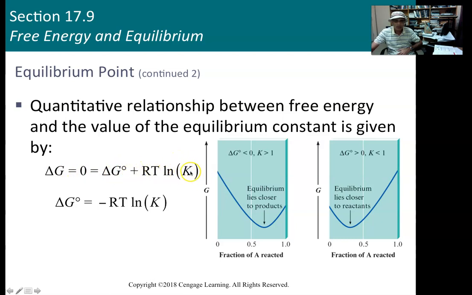Now, because of equilibrium, it is K. You'll come up with a very useful equation, and that is this one here: delta G naught, the standard free energy change, is equal to minus RT natural log of the equilibrium constant. So this is a direct relationship of the equilibrium constant to the thermodynamic term, or energy term, free energy.